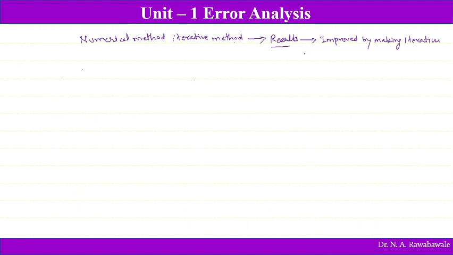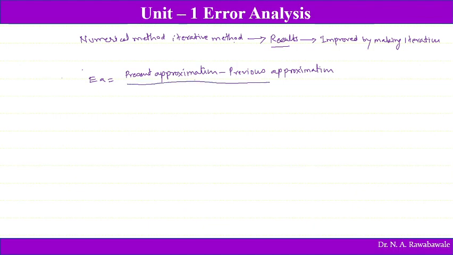Thus the relative error determined in the case of approximate error, EA, is given as approximation 1 minus approximation 2, or present approximation minus previous approximation, whole divided by present approximation.